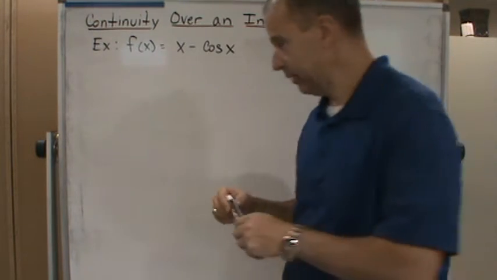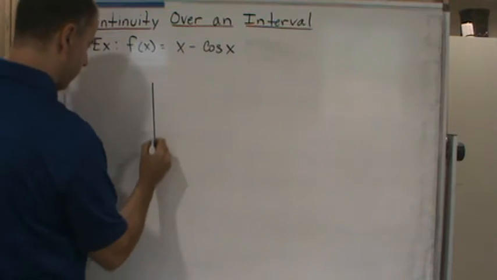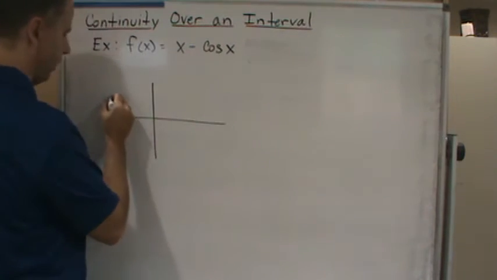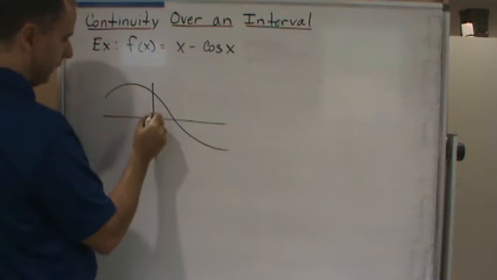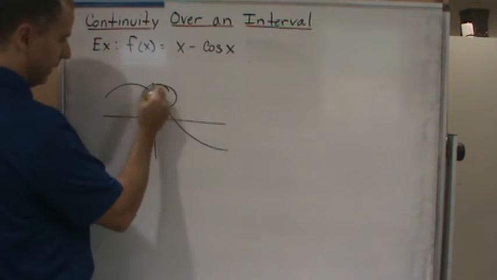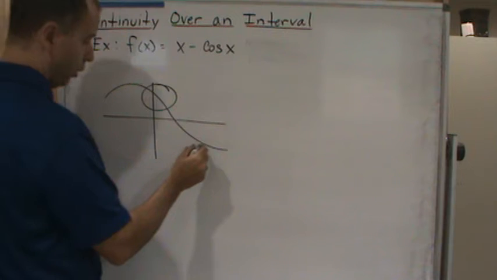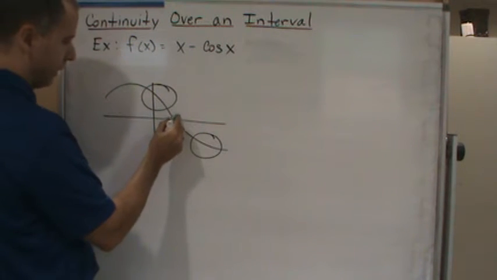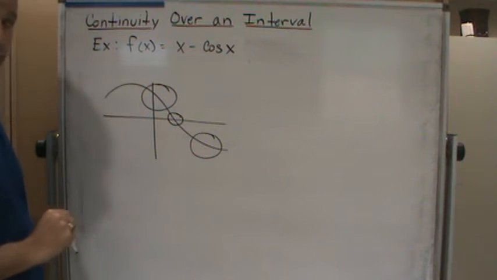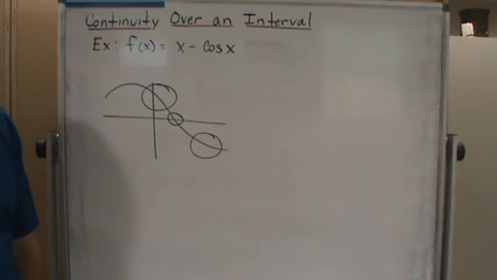Because that would mean we have something like this, where over here it's positive, and over here it's negative, which means if it's continuous, there has to be a point in between those two where it crosses at zero, right?